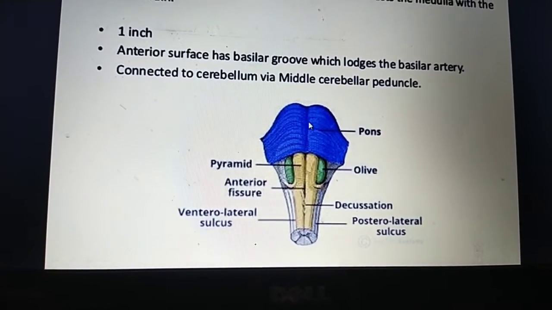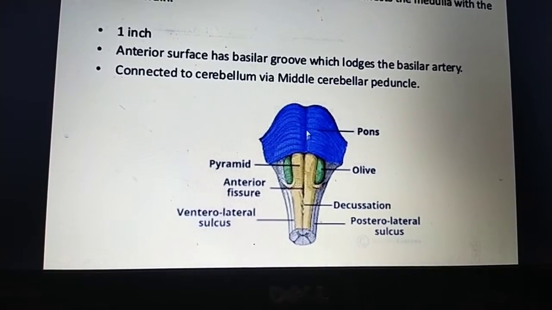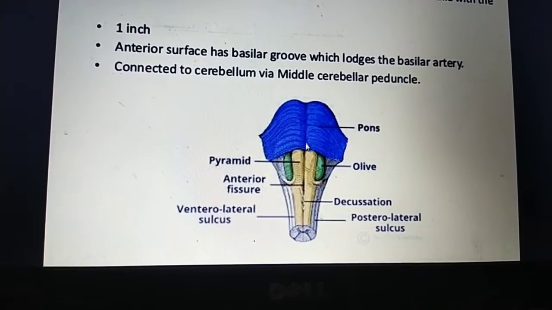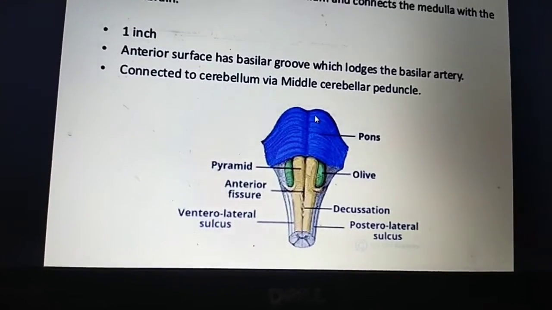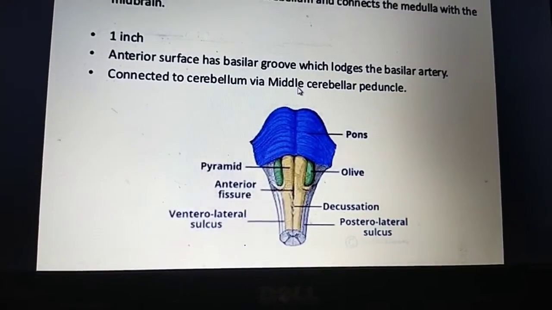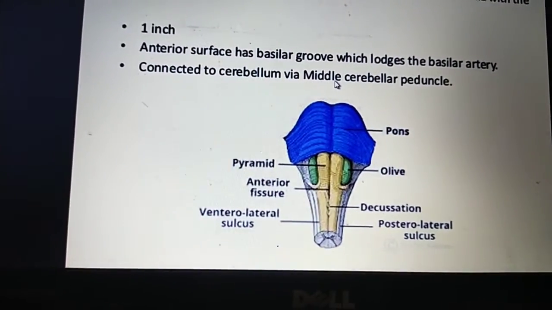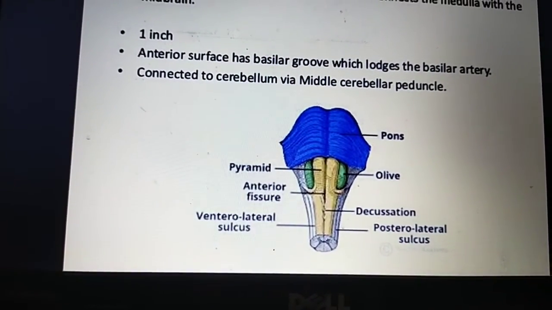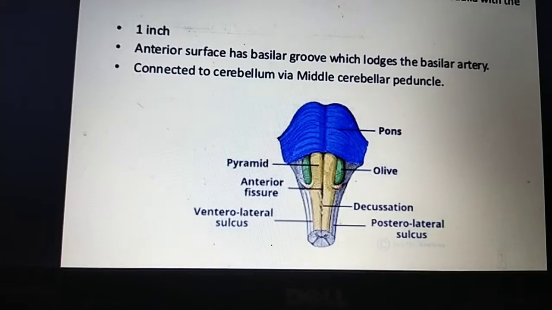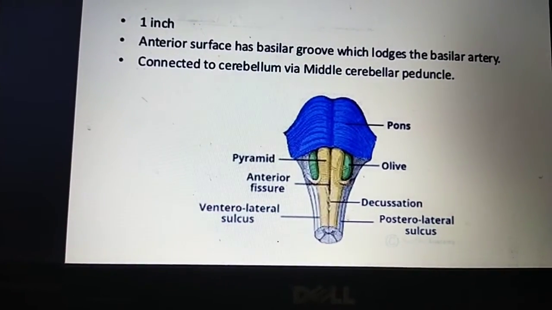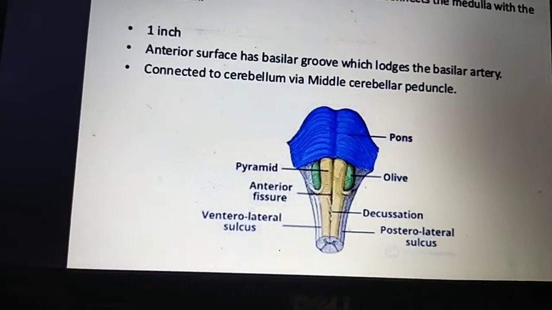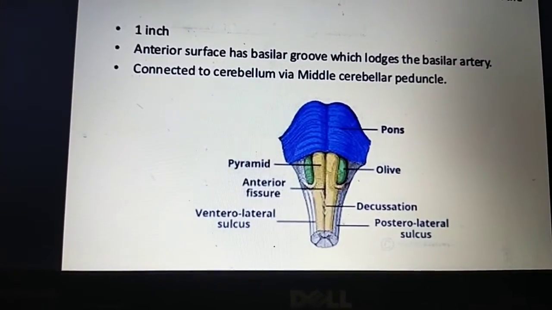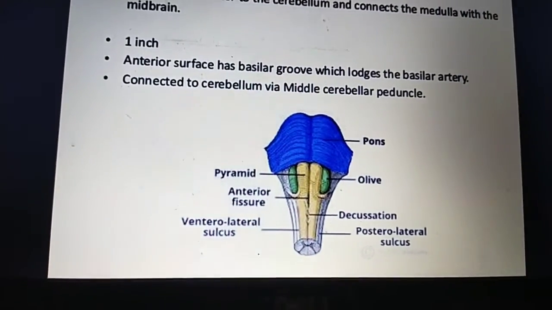Here the basilar artery is situated, and it gives the blood supply to the whole brain stem, and that is further continuous with the circle of Willis. It is formed by the vertebral arteries and the basilar artery. They connect to the cerebellum with the middle cerebellar peduncle.